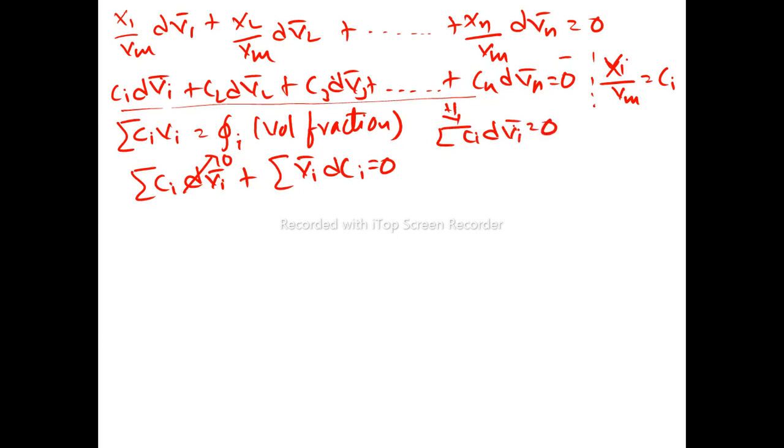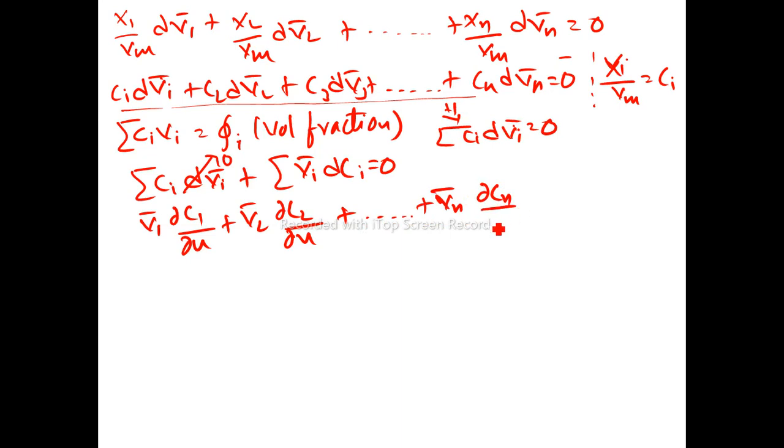Okay, this is the equation that we got, and here we can write it as v1 bar dou c1 by dou x plus v2 bar dou c2 by dou x plus up to vn bar dou cn by dou x equal to 0.